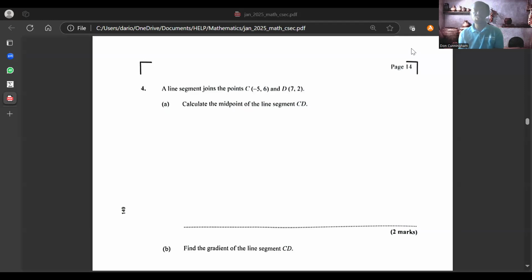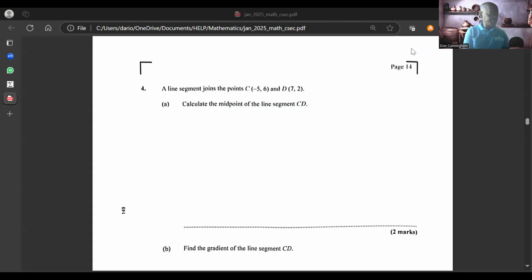So let's begin. So the first question is: the line segment joins the point -5, 6 and 7, 2.